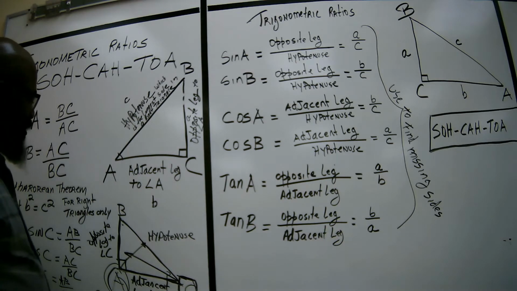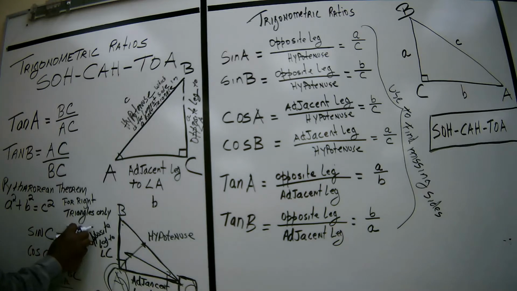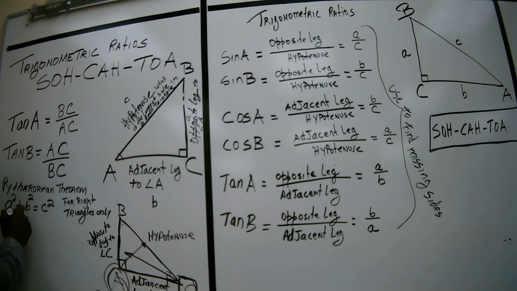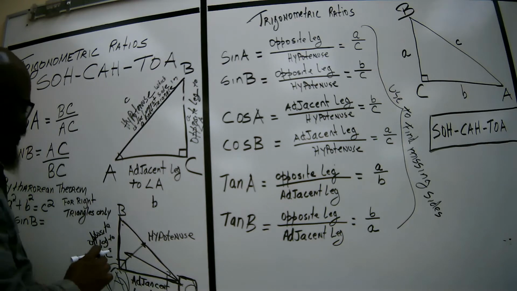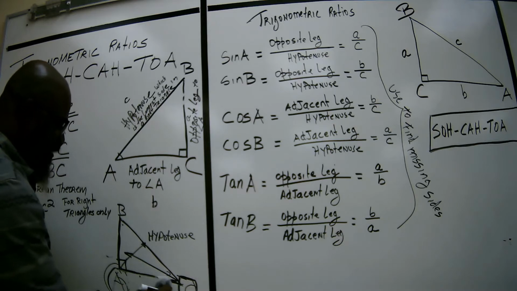Technically, you're done. Now, the other way: if they change the function and you are no longer working with C, you need to find sine of B. In this case, the locations change. In order to find sine of B, those things change, but the hypotenuse remains the same.